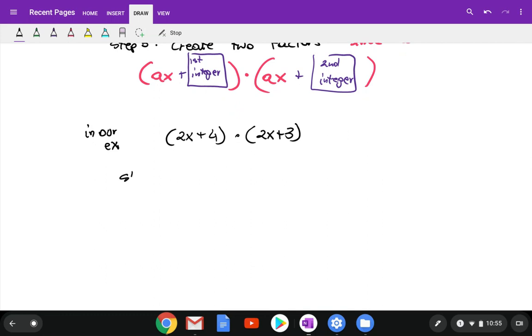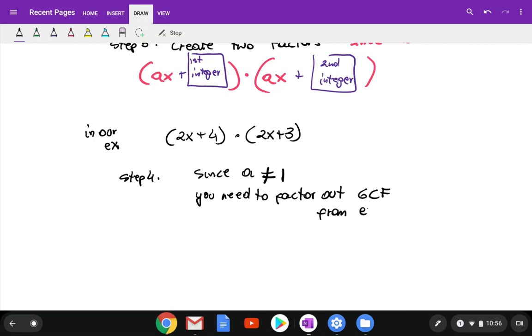Step 4. Since a is not equal to 1, you need to factor out the GCF, greatest common factor, from each parenthesis.